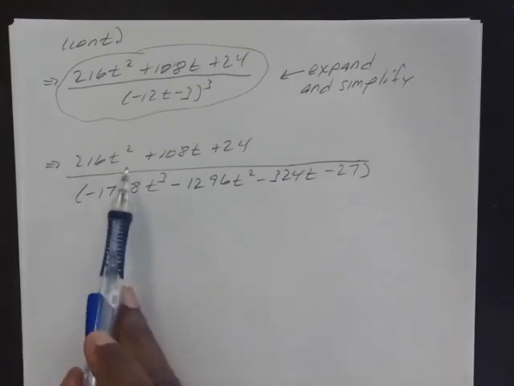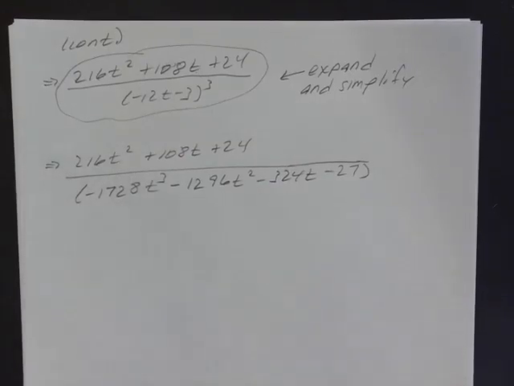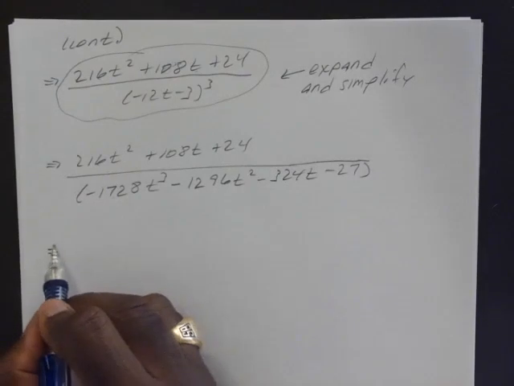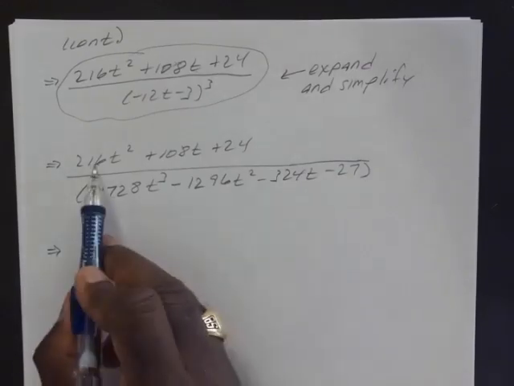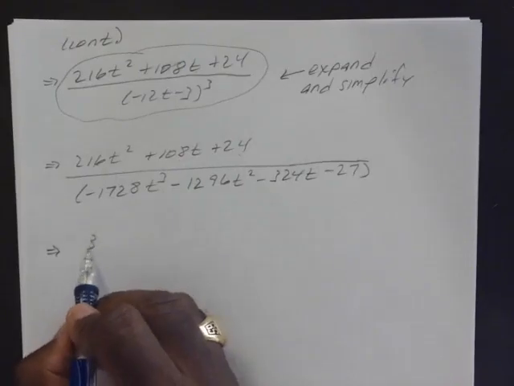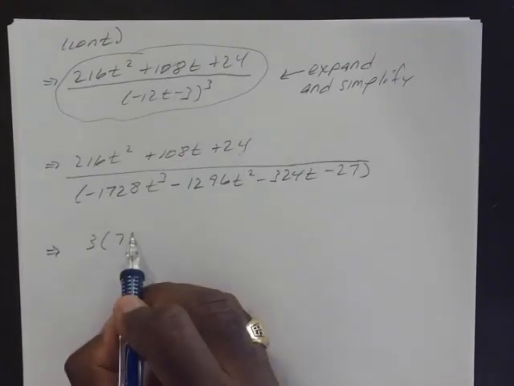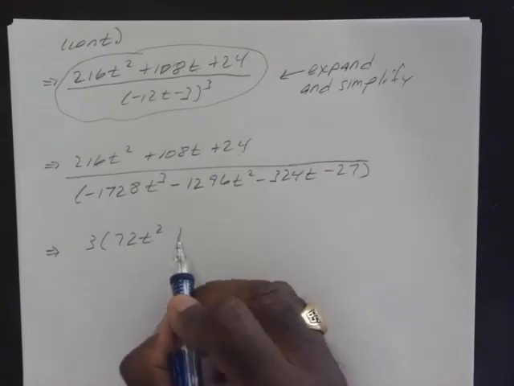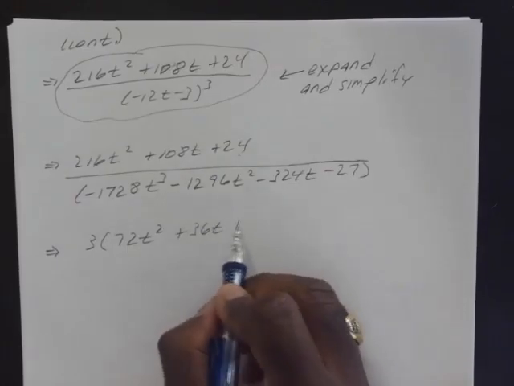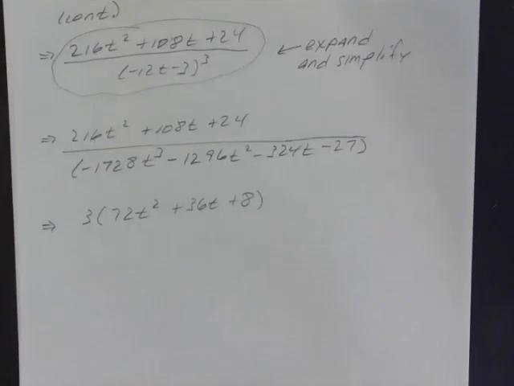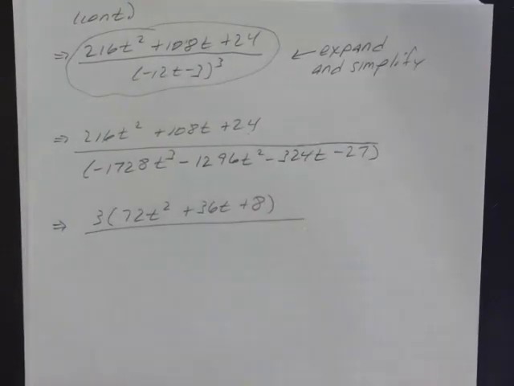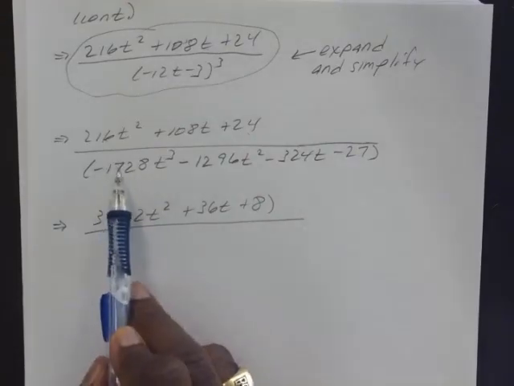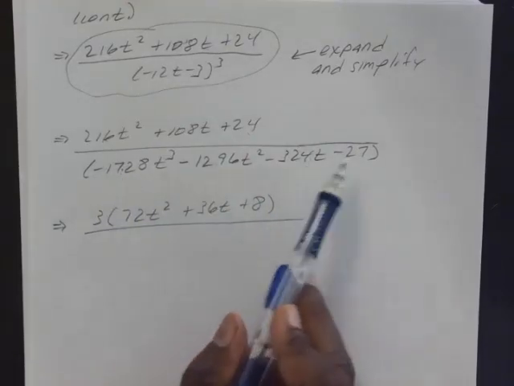Okay, we can actually factor a 3 out of the numerator and denominator. Okay, so up here we'll factor out a 3. That's 3 times 72t squared plus 36t plus 8 divided by, and just to get this first term positive, we'll factor out a negative 3.